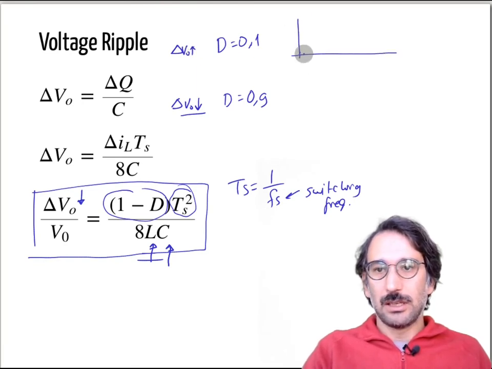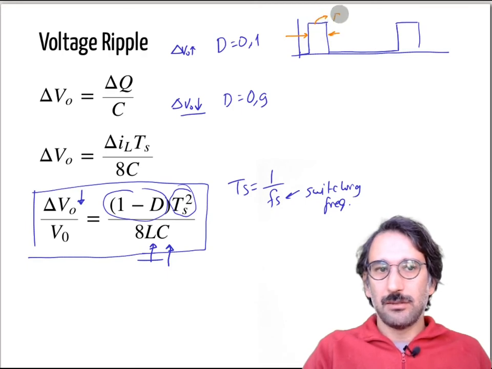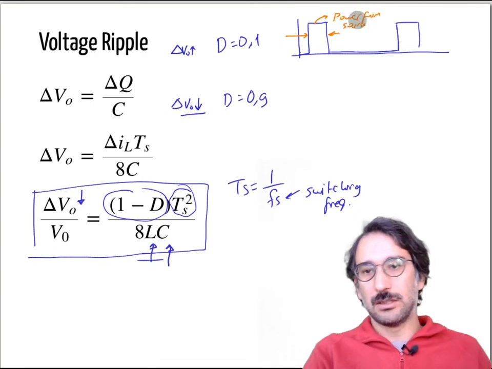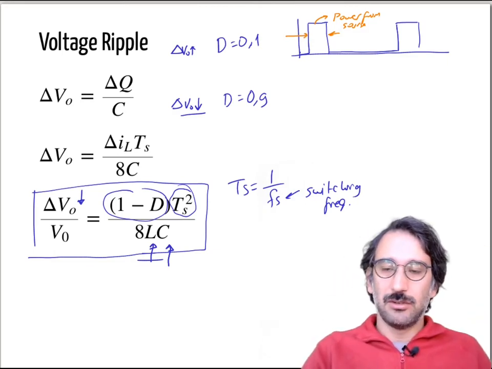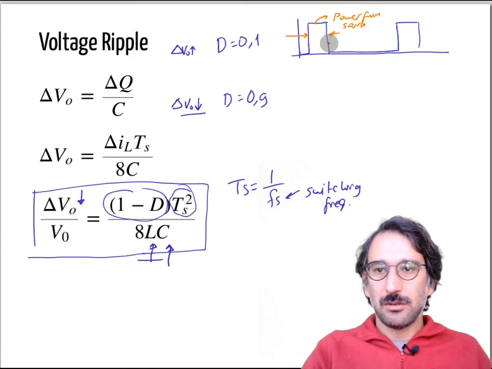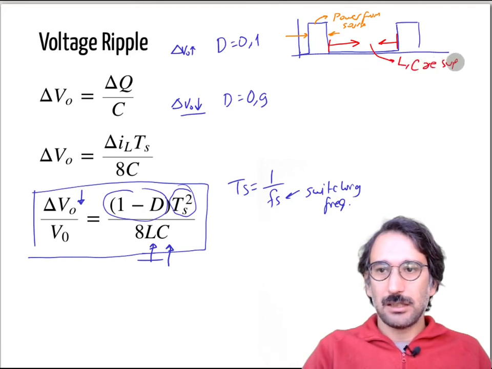If you look at your switching instants, it will be something like that. During this time you are getting power from the source, while the switch is on, so there is some current flowing through the inductor. But the rest of the time, L and C are supplying the load.